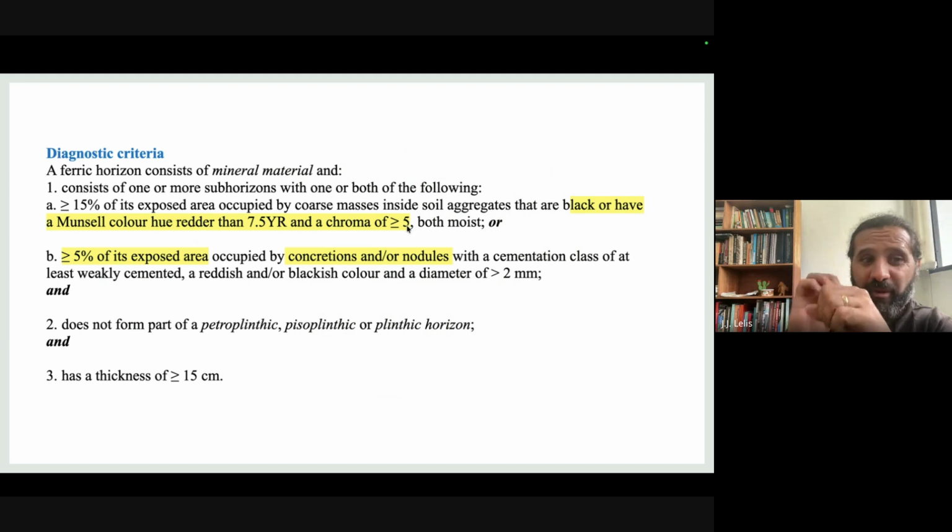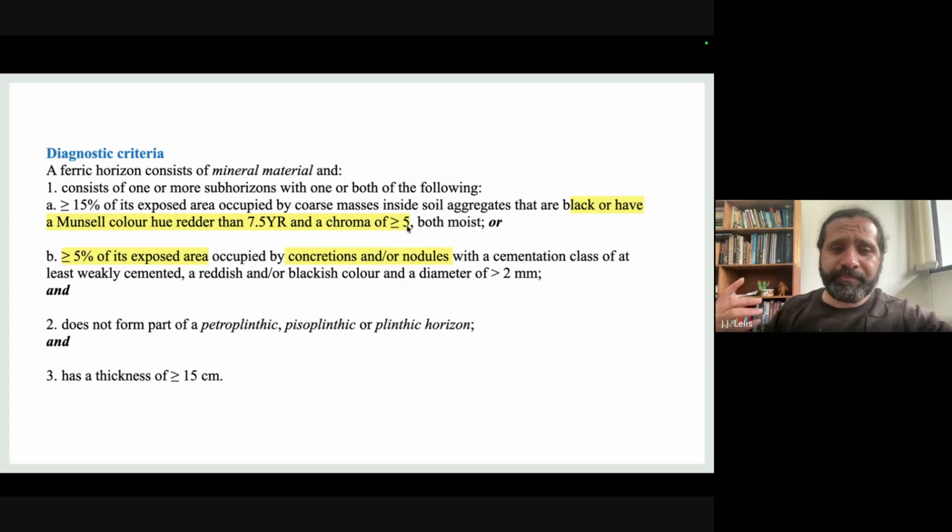So we have some material inside the soil with reddish or black colors, okay, but the minimum is 15%, or 5% of this area is occupied by concretions and, sorry, concretions and/or nodules.